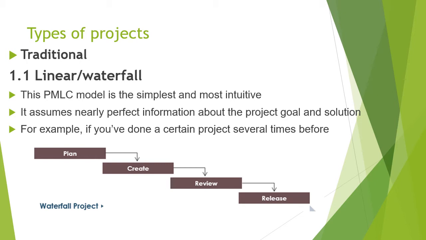It assumes nearly perfect information about the goal and the solution of the project is available, and the project manager has done similar projects several times, so he knows everything about the project, and there is no need to follow other sophisticated project lifecycle models. We just need the linear or the waterfall. It's simply plan, we create the project, we review what we did, and we release the project. It's simple and straightforward.